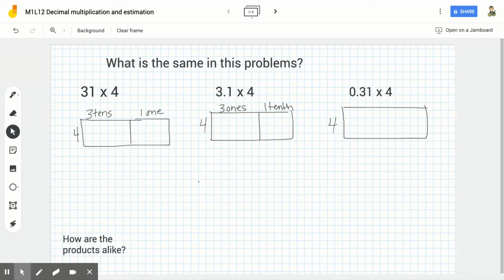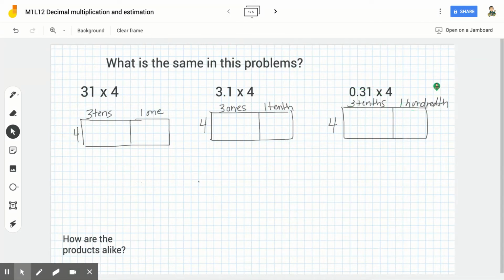Break it up into those two pieces. Notice all of them look the same. We have the same numbers for the 4.